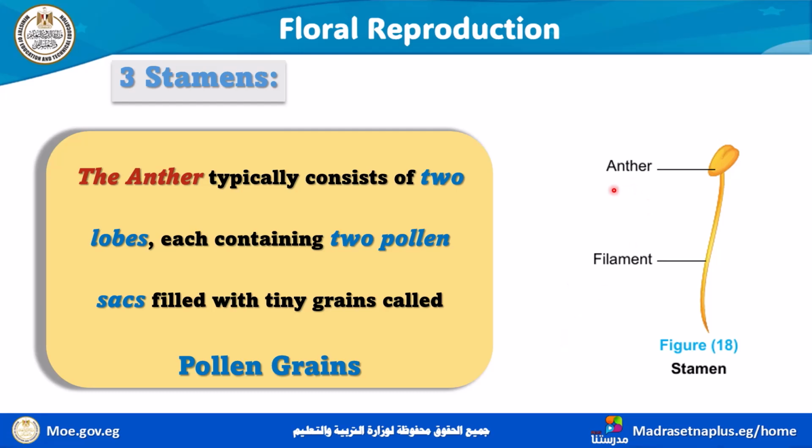The anther typically consists of two lobes, each containing two pollen sacs filled with tiny grains. These grains are the pollen grains, and the pollen grains are the male cells in the flower.